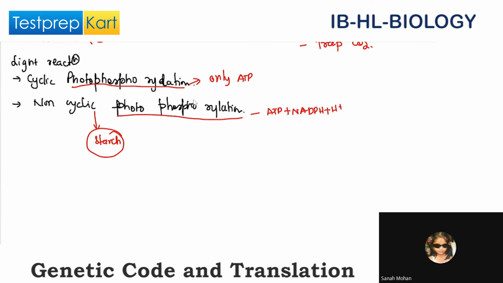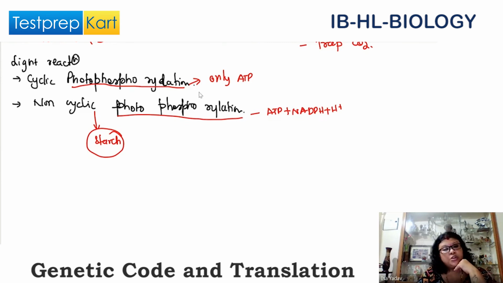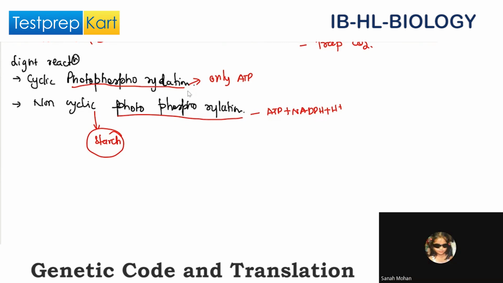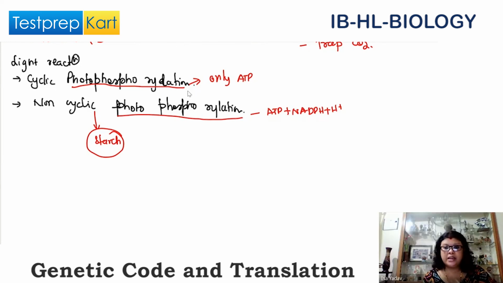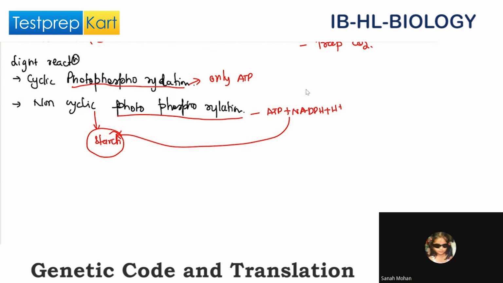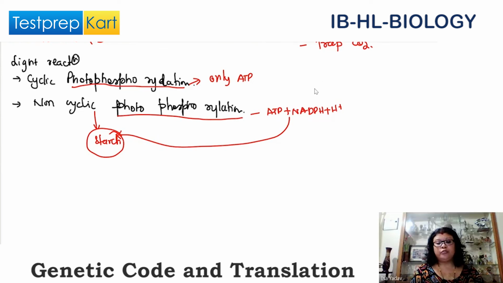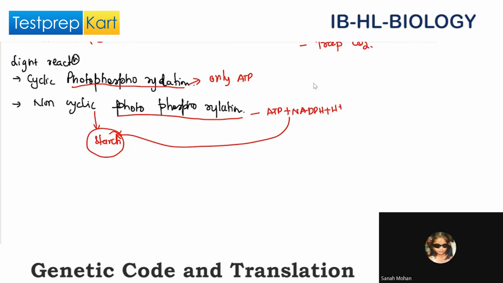Non-cyclic photophosphorylation produces ATP and NADPH plus H plus, and this ATP and NADPH plus H plus will be utilized to form starch. Is this point clear? Any doubt? No doubt.